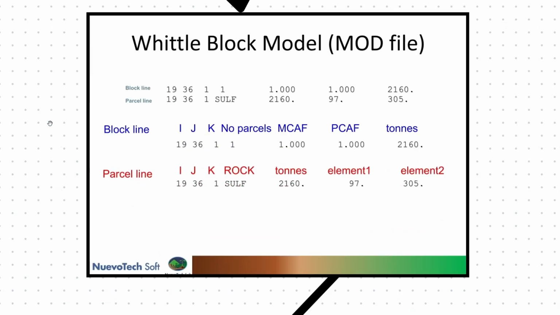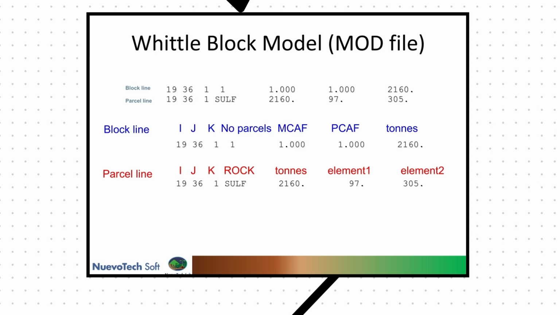A Whittle block model is saved as a .mod file. This file lists each block by its IJK identification, we can say, and any parcel inside it. Think of IJK as simple 3D grid coordinates: block rows, columns and height. For each block line, we will list the attributes like the MCAF and the PCAF. Blocks with ore are broken into parcels, portions that have a known ore type and metal contents.